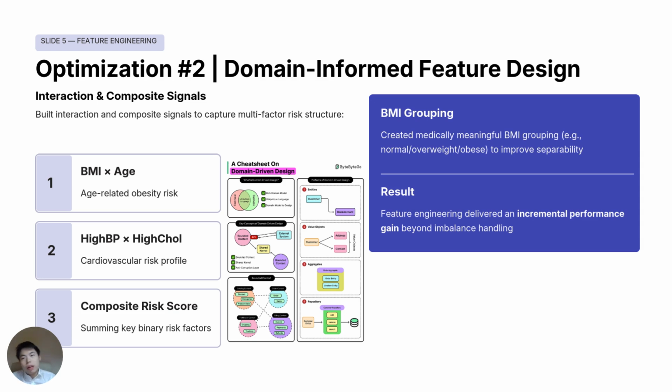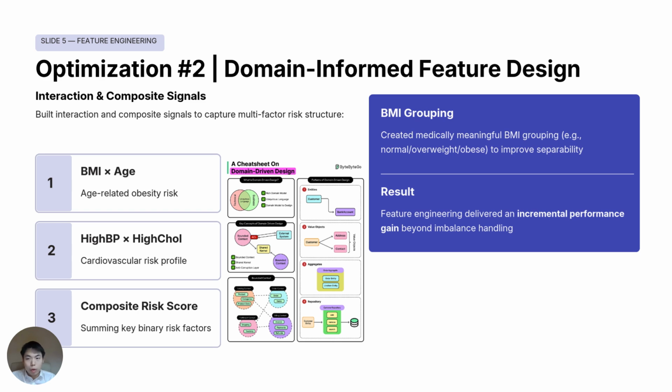Based on what I learned, I engineered a few features to capture combined risk, because diabetes risk is usually a pattern, not a single variable. So I added interaction features such as BMI with age, capturing age relative to obesity risk, and high BP with height, capturing a strong cardio risk profile.